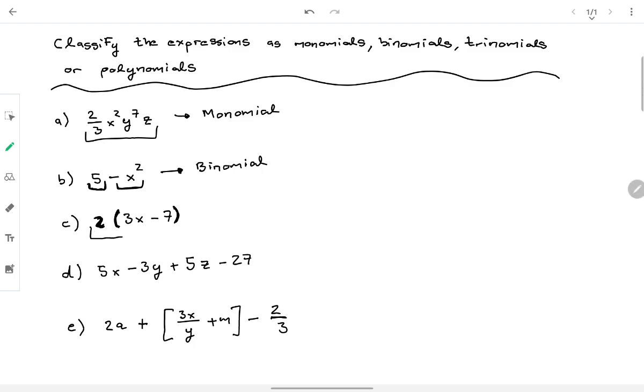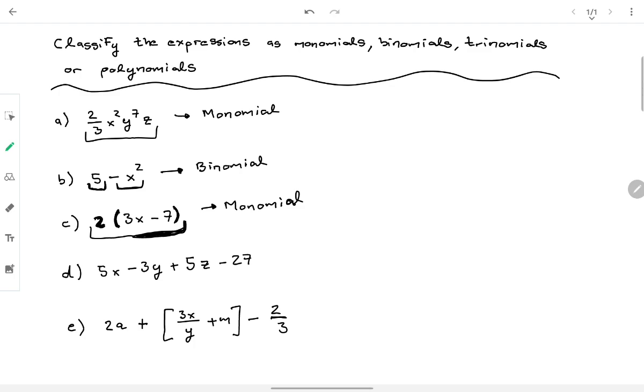So this full expression is a monomial, because remember, if it's in parentheses, it's a monomial if we have only a number multiplying that parenthesis. It's the same term, so this will be only a monomial. This is very important because it can get a little tricky for some of you.